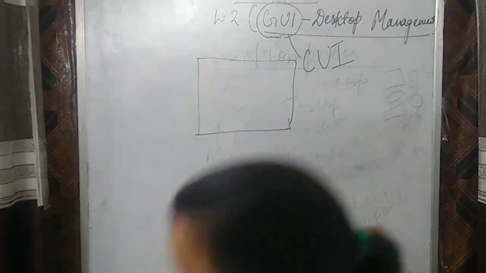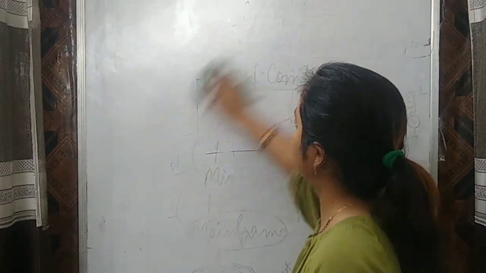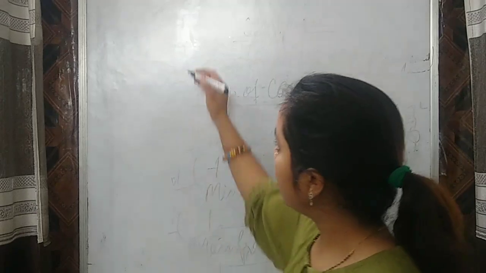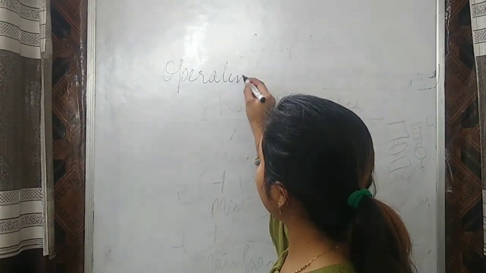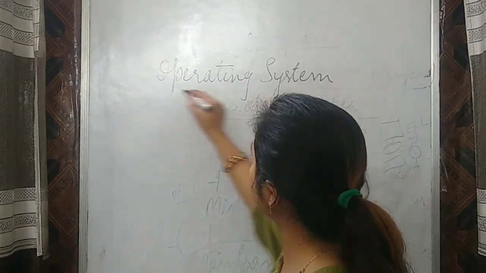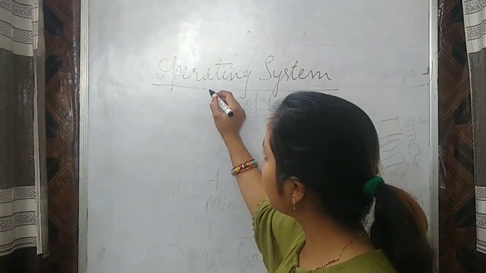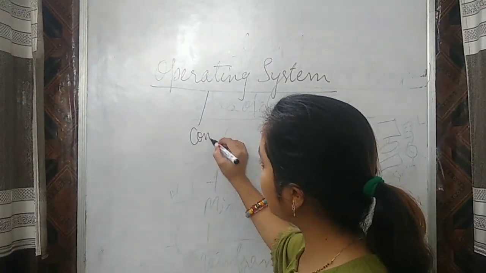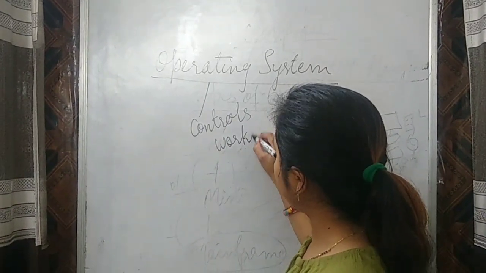Now first, in this chapter we will study about operating system. In your book, this chapter is based on GUI operating system. So first we will study what is operating system. Operating system is that part of computer which controls the working of the computer.